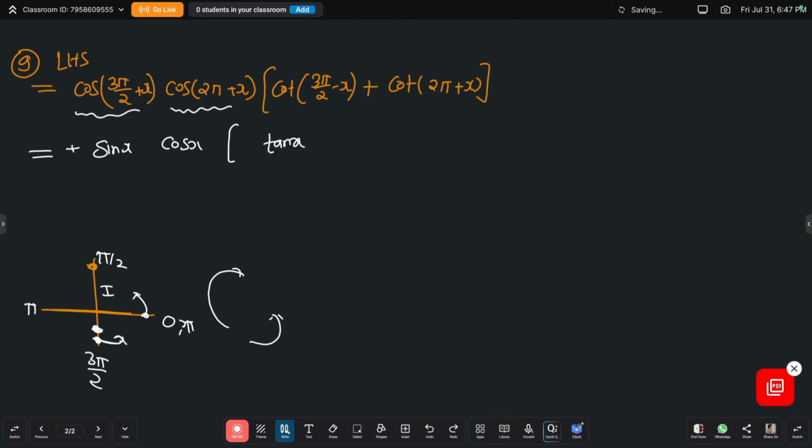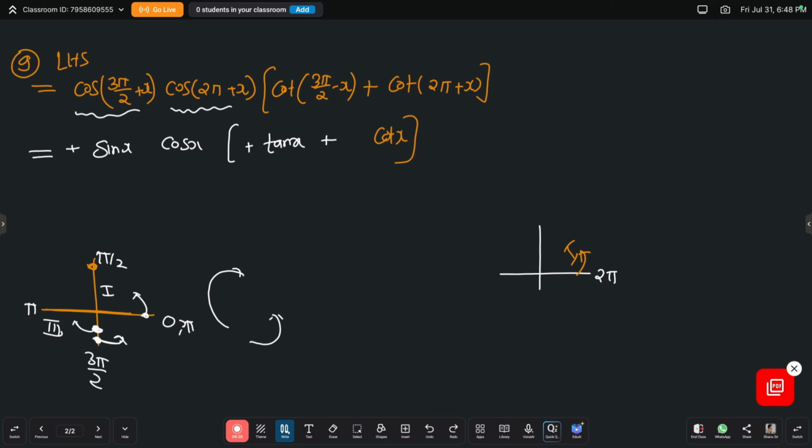So from here you come here, the third quadrant, where cot is positive. So it is positive tan x, and positive is understood, no need to write. Plus cot(2 pi plus x), again 2 pi is here, no change, so cot is cot x. Positive because plus means anti-clockwise, first quadrant.